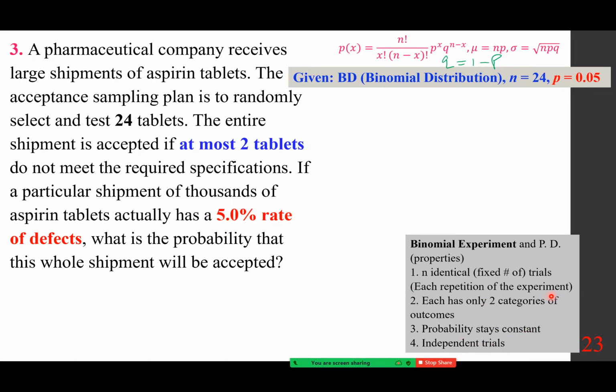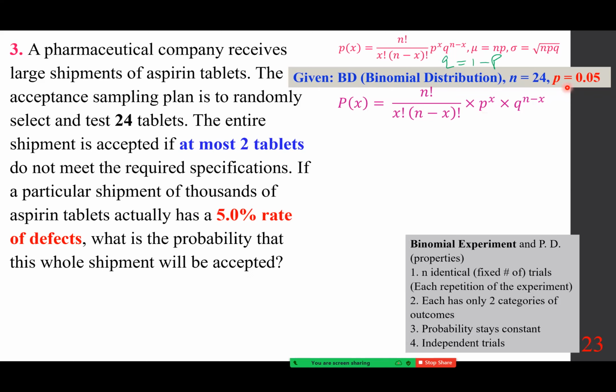So let's quickly recap. We said it's a binomial distribution because there are only two outcomes, whether the tablet is defective or not. N is 24, P is 0.05, and here's the formula. Let's plug in. So we are going to use this formula where N will be replaced by 24, P will be replaced by 0.05, and Q is 1 minus that.